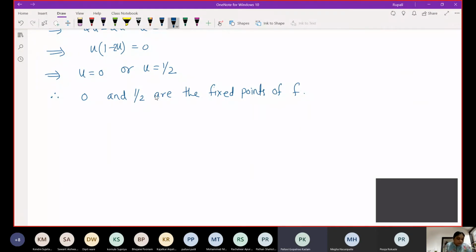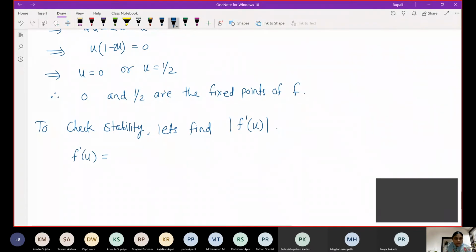Now we want to check what is the stability, whether they are asymptotically stable or unstable. So to check stability, by the above theorem, let's find mod of f dash at u, where u is equal to 0. What is f dash at u?